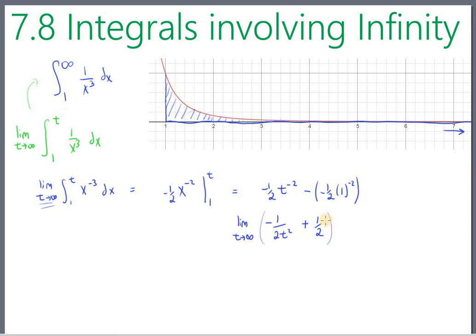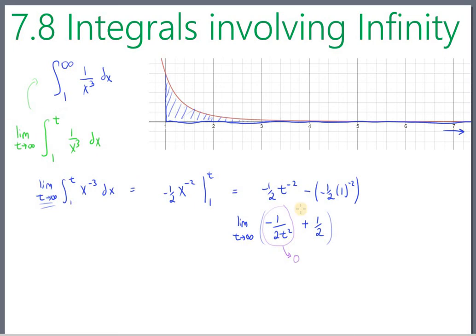I don't know how much you remember from back in Calculus 1 about limits, but one of the basic techniques we got for limits was if you have a constant on the top and a variable on the bottom that's getting bigger and bigger and bigger, that term will go to 0. So this whole term becomes things like -1 over 1,000,000, -1 over 1,000,000,000, -1 over 10 trillion, which again, is approaching 0.